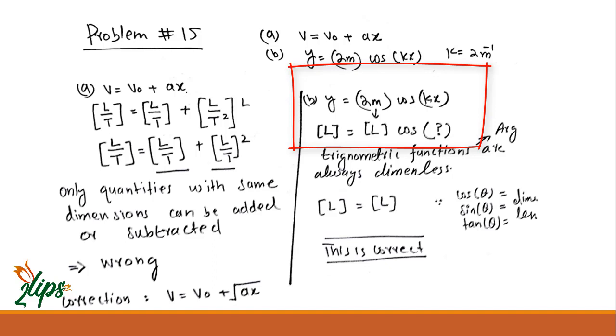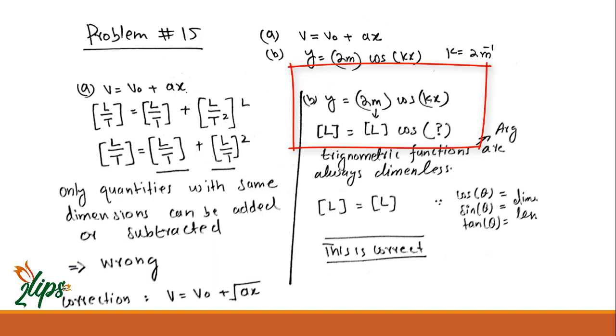Please always remember that the arguments of trigonometric functions like cos, sine, and tan, and also exponential functions, are always dimensionless. So this factor does not have any dimensions, and L becomes equal to L.